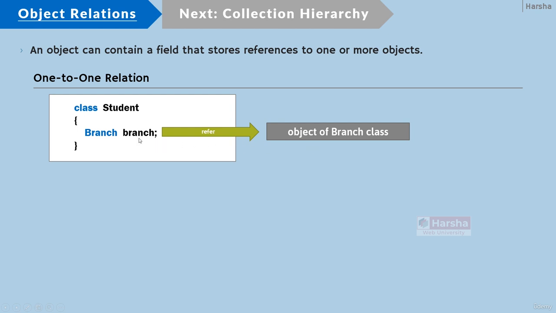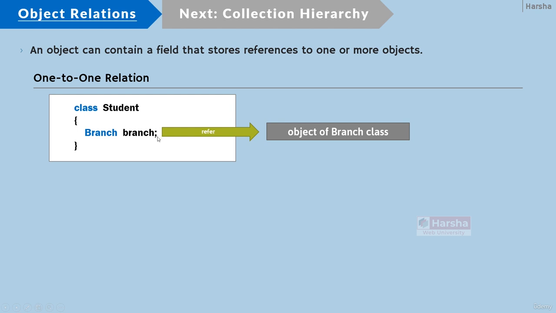So in this case, this variable branch plays a dual role. In case if you observe the concept from the student class point of view, the branch is the field here. In case if you observe the concept from the branch class point of view, the branch is the reference variable.